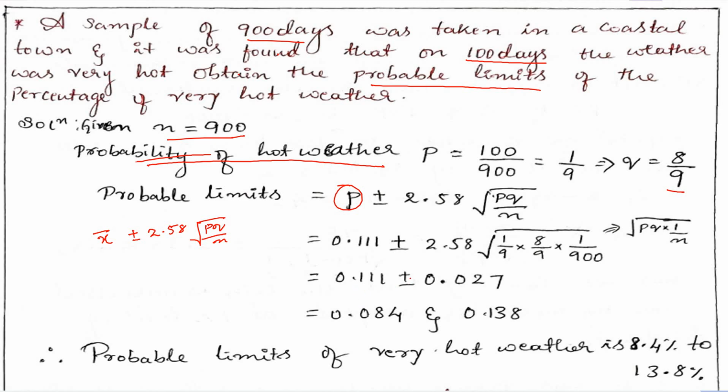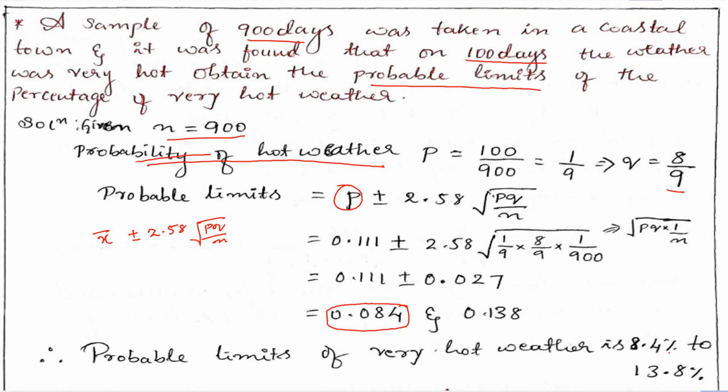For plus or minus, when subtracting you get 0.084, and when adding you get 0.138. Therefore, the probable limits of very hot weather, in terms of percentage, you should give by multiplying these values by 100.